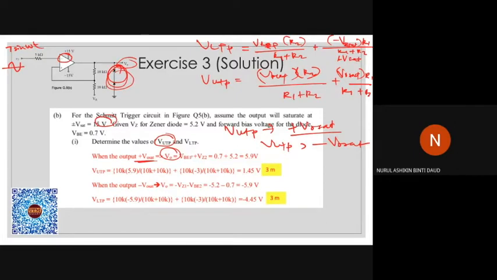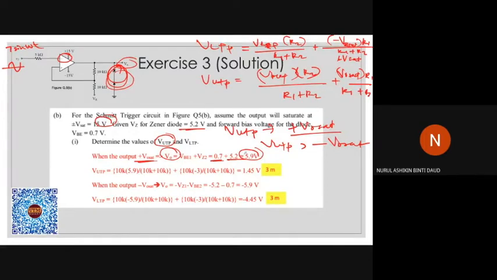So the forward bias value 0.7 plus the value of the Zener diode here, which is 5.2, will be the output voltage for the positive VO saturation. So this is going to be the output voltage, 5.9 volts.